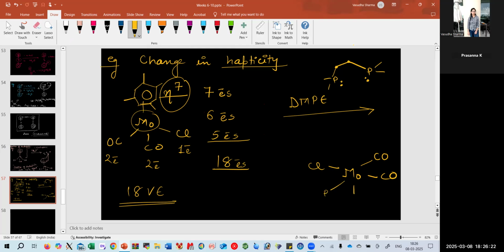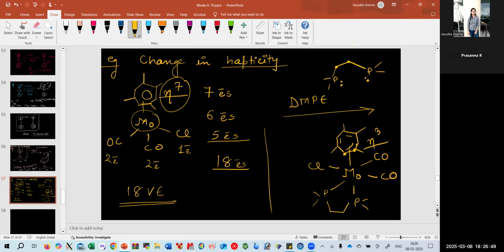Now I'm having a phosphorus bond, and at the top we can have again the C7H7. But since it is not eta 7 anymore, only 3 centers would be involved. So we can take 1, 2, and 3, these 3 centers, and the other 2 bonds remain as such. So only 3 centers, eta 3.